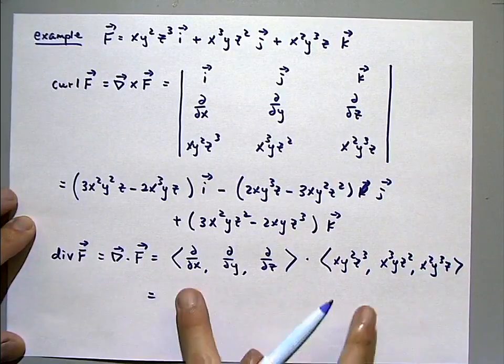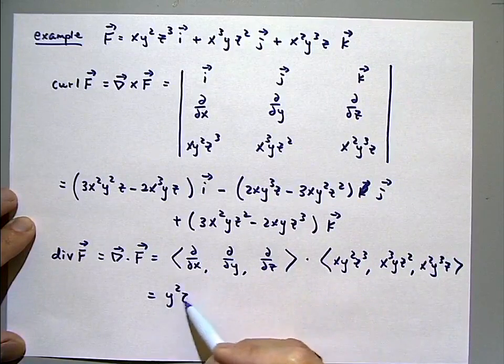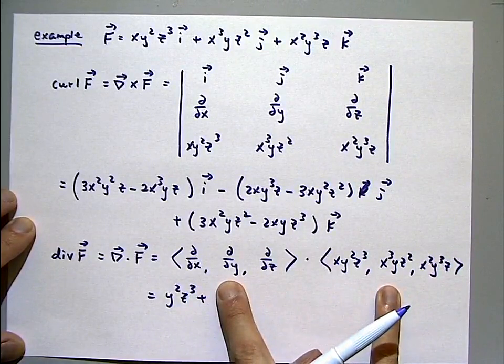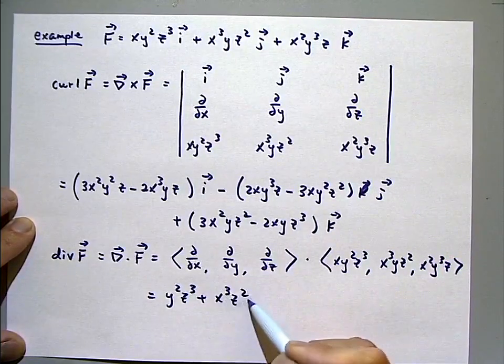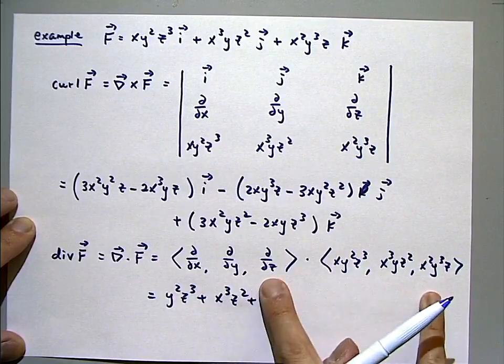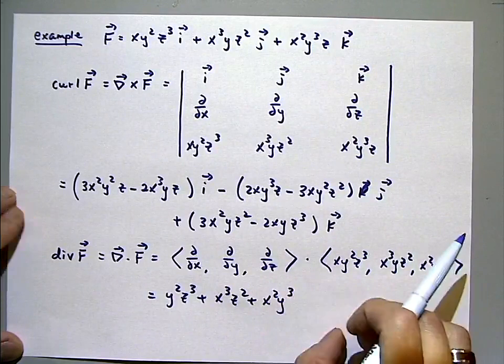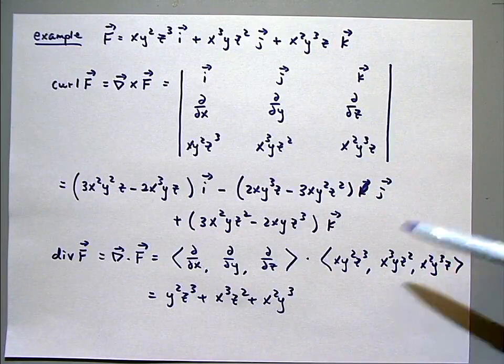And let's see, when we dot them, we get y squared z cubed plus x cubed z squared plus x squared y cubed. Okay, once again, it has some kind of physical meaning depending on what you're dealing with. But for now, let's just focus on the operation again.